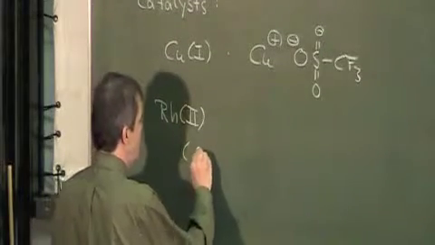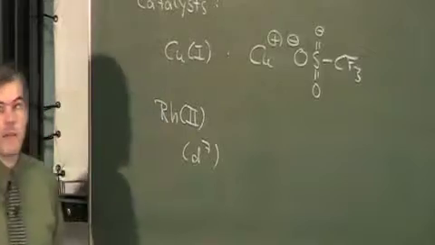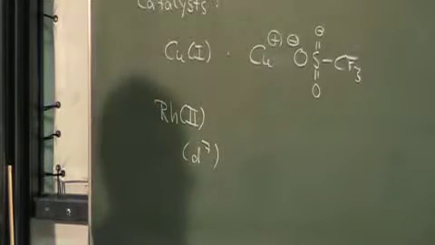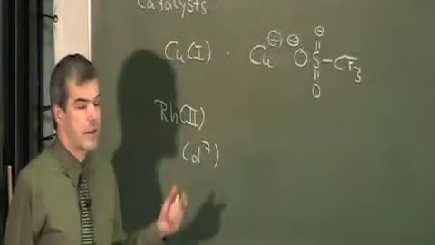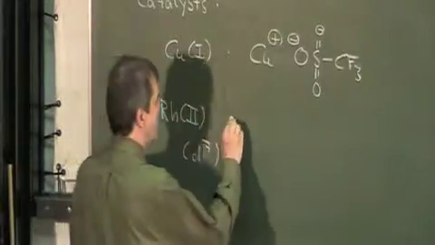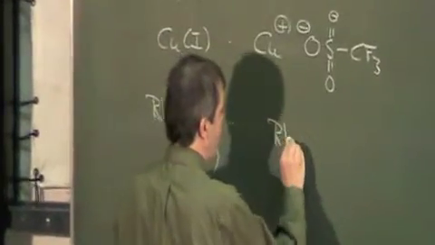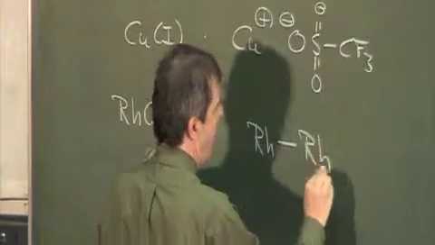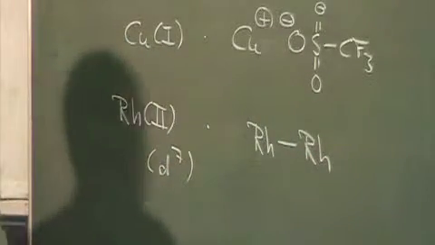However, rhodium 2 being d7, you can see it has an uneven number of d electrons, which suggests, and that is the case, that rhodium 2 complexes are usually dimeric.